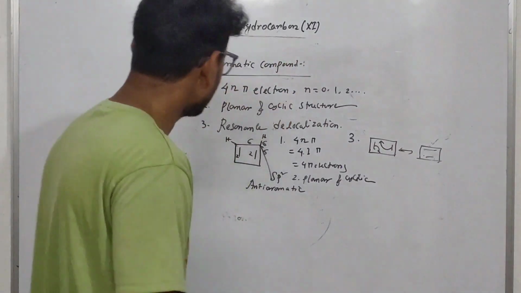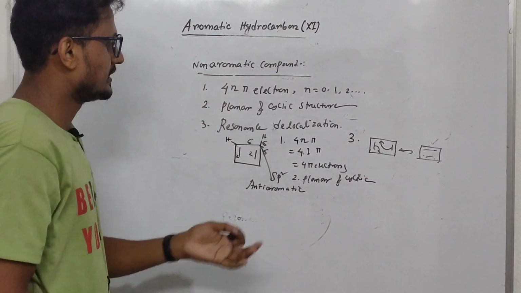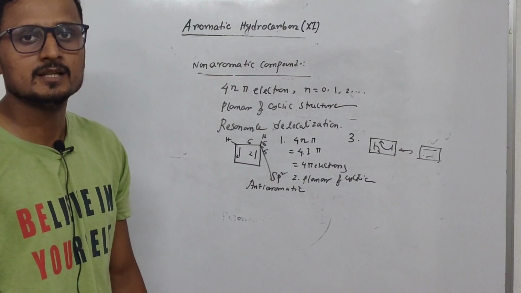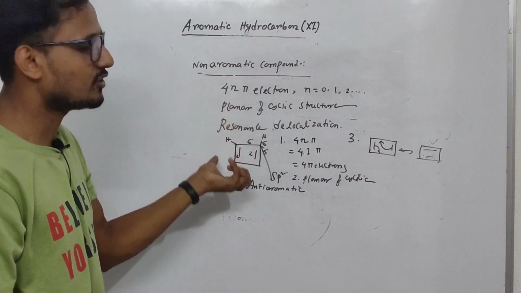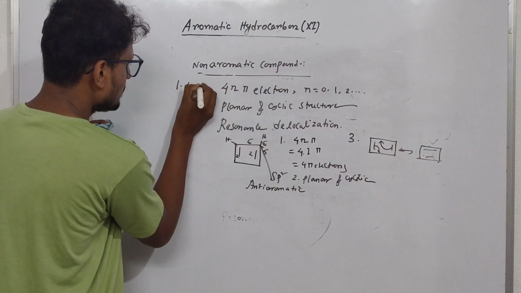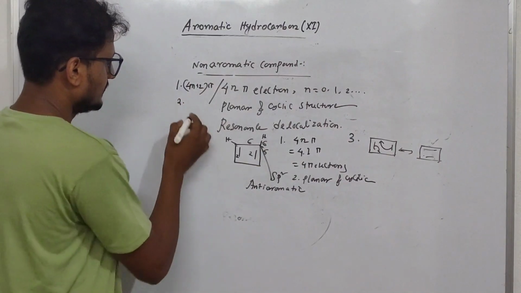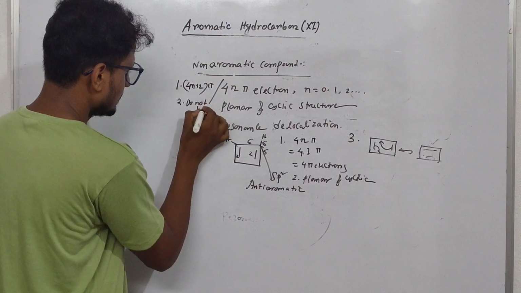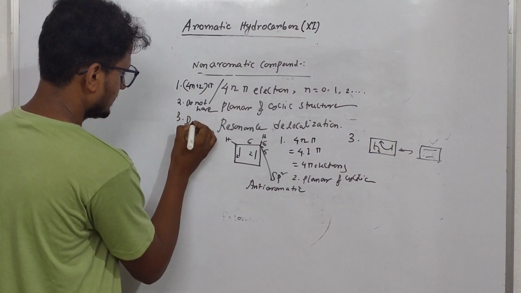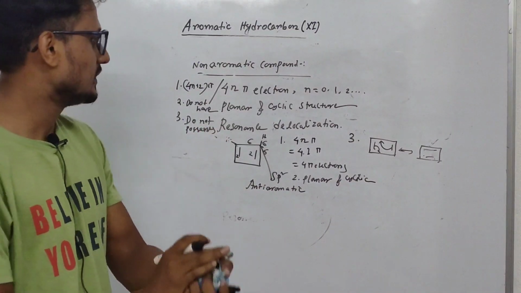The compounds that do not have planar geometry or resonance delocalization, even if they have 4n or 4n plus 2 pi electrons, are non-aromatic. So for a non-aromatic compound, 4n plus 2 or 4n pi electrons may be there, but it does not have a planar cyclic structure and does not possess resonance delocalization. Okay, let me take one example.